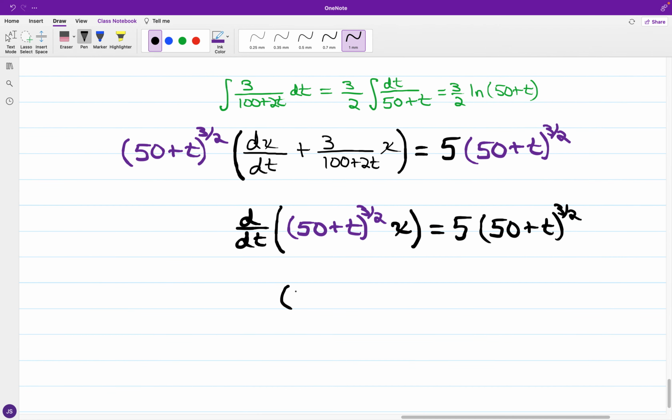So if I integrate over both sides with respect to t, I have the quantity of 50 plus t raised to the 3 halves multiplied by x, and that is going to be equal to the integral of 5 times the quantity 50 plus t raised to the 3 halves dt.